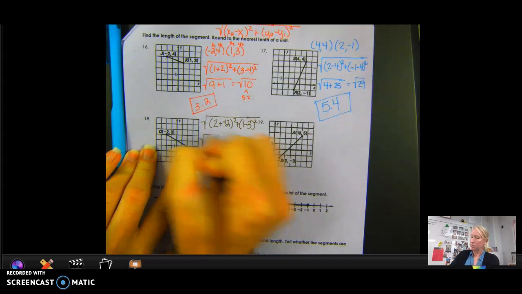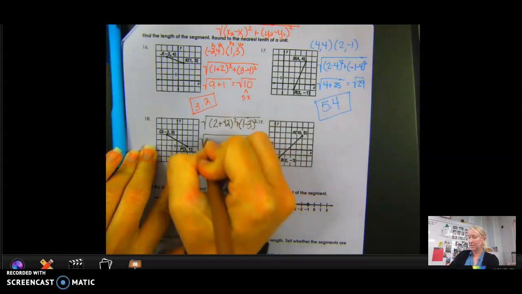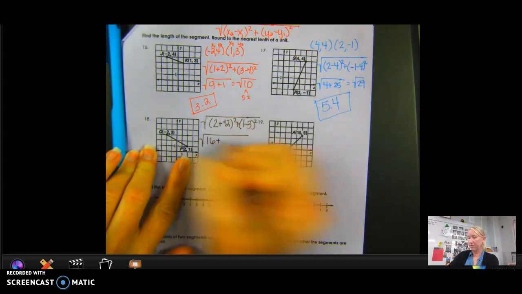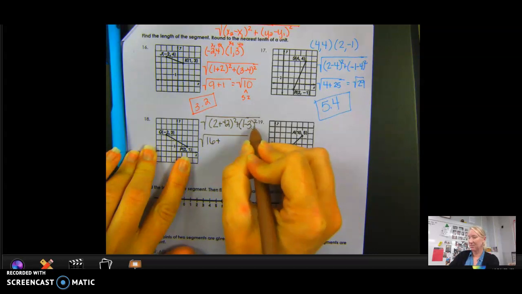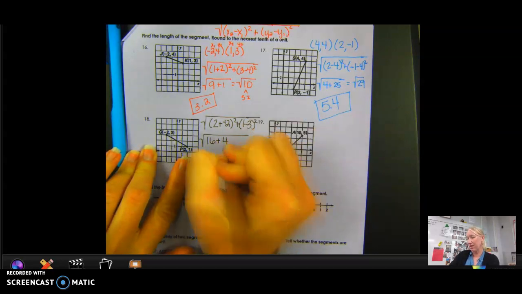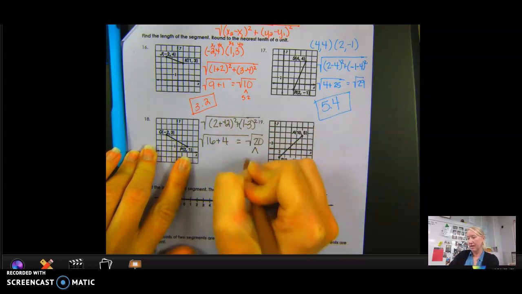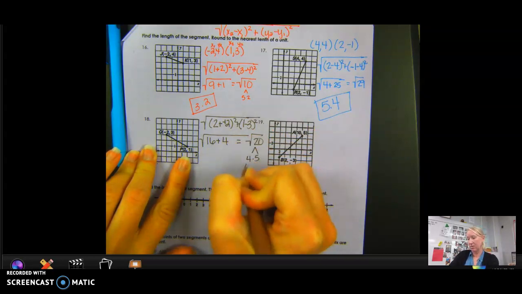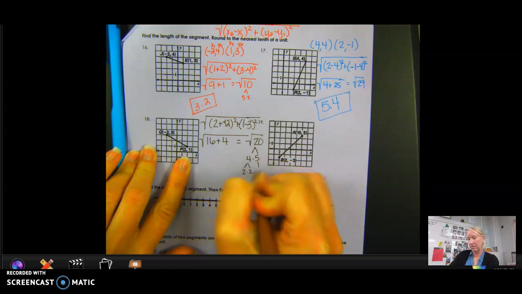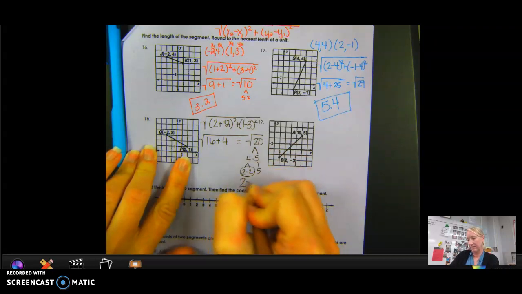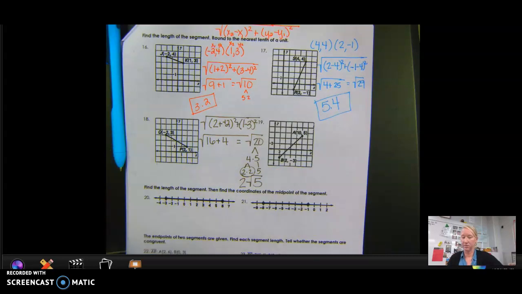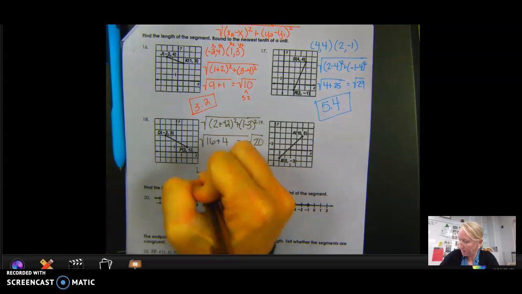So big square root, 2 plus 2 is 4. 4 squared is 16. 1 minus 3 is negative 2. Negative 2 squared is 4. So this really is square root of 20. Reduce down, that reduces into 4 and 5, 2, 2, and 5. So I have a pair of 2's. 2 comes out, 5 stays under. So 2 square roots of 5, or square root of 20 is 4.5.